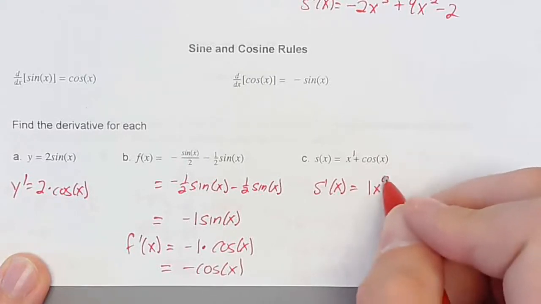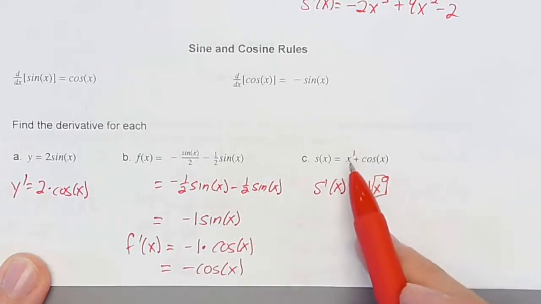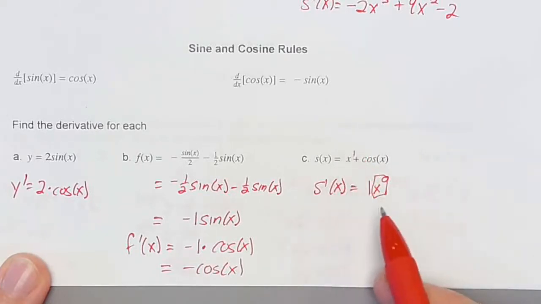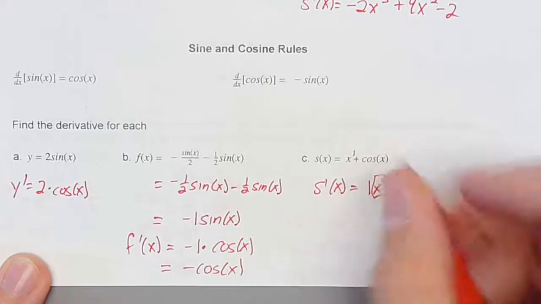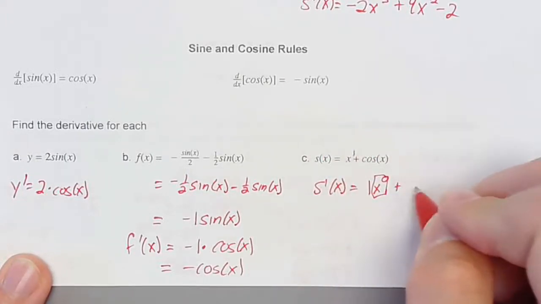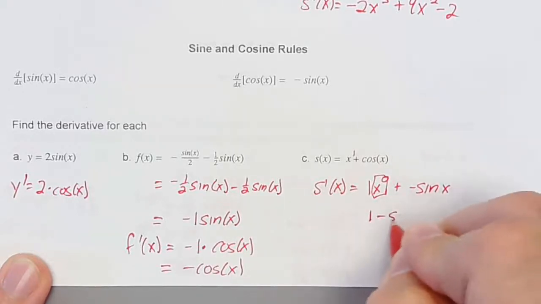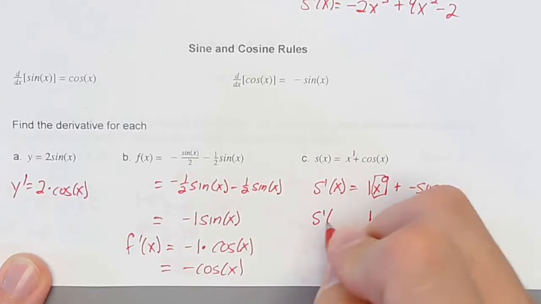And this is just 1, so that's why that drops out, and we just get the coefficient of the x as our derivative. So 1 cosine x has the derivative of negative sine, so I'm going to say plus negative sine x, or I could have just said minus sine x. So I'm going to get 1 minus sine x as my derivative.